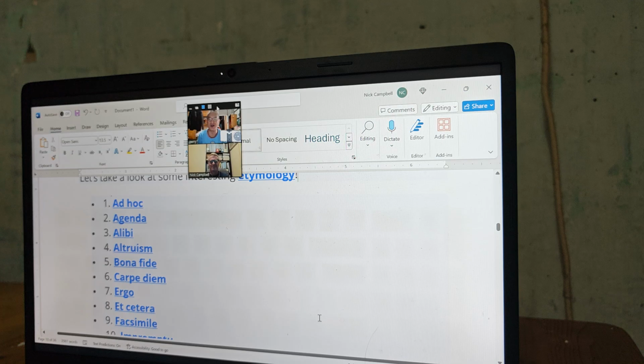Alibi. Okay. Do you know it? We have Alipay. Not that. What is this? An alibi is, for example, okay. Let's say today at 4:30, somebody near here is murdered.